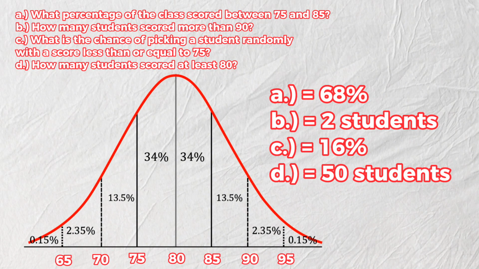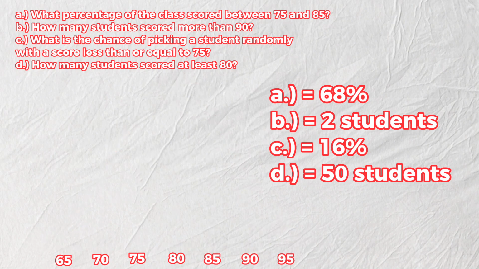And lastly, get the percentage of intervals from the mean 80 to the highest score. 34 plus 13.5 plus 2.35 plus 0.15 is equals to 50. Technically, we don't have to convert 50% into decimal and then multiply it to the number of students because the number of students is 100.